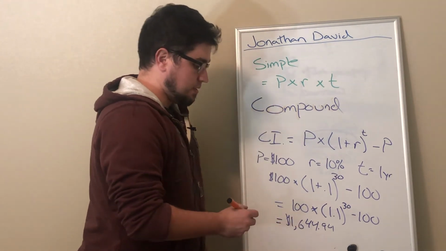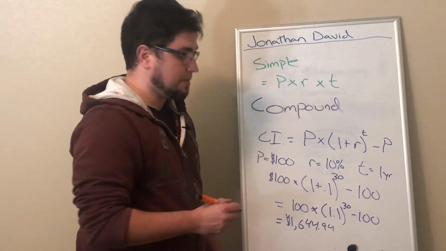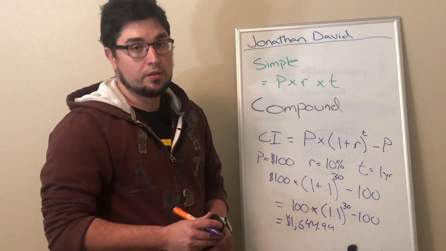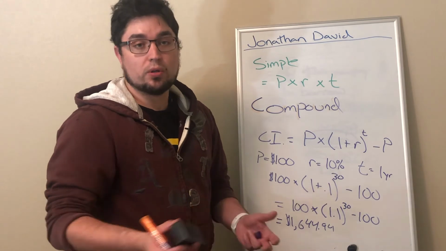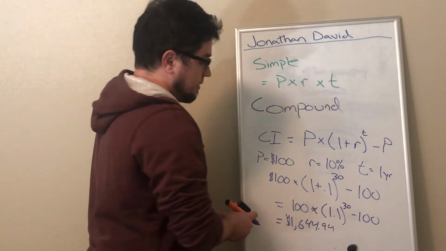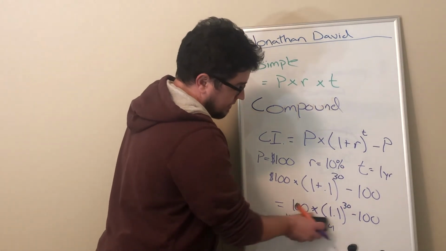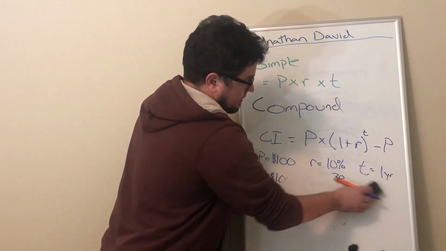This is over 5.5 times the amount of interest that you would earn from a simple interest savings account or a simple interest arrangement. This number is why investing is so powerful.